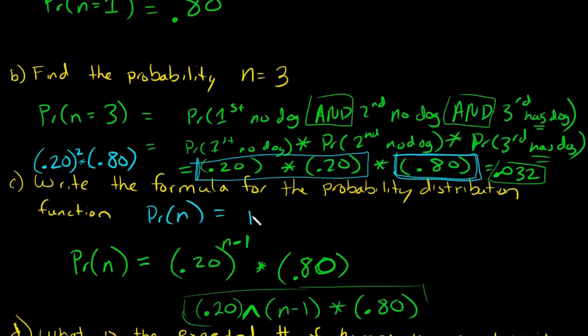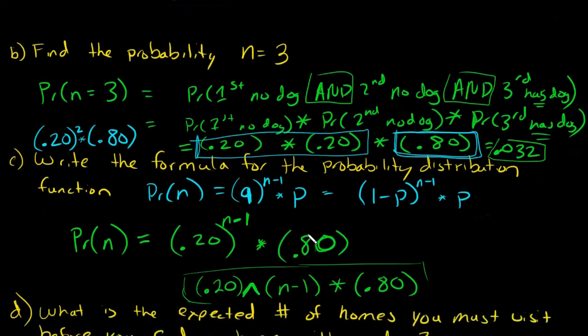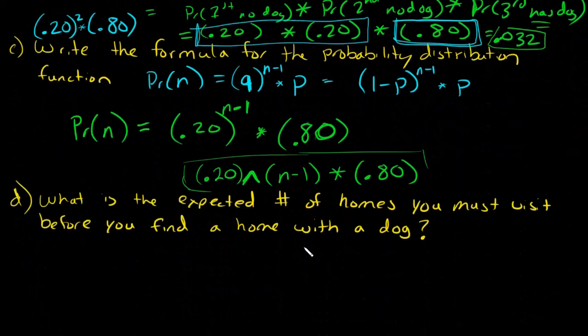What it looks like is q, or 1 minus p, same thing, to the power n minus 1 times p. So this is 1 minus p to the n minus 1 times p, because 1 minus p is the same thing as q. And of course, we've just plugged in for our particular case what p and q are, 0.2 and 0.8.